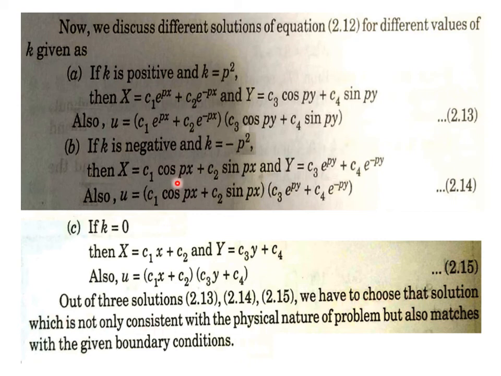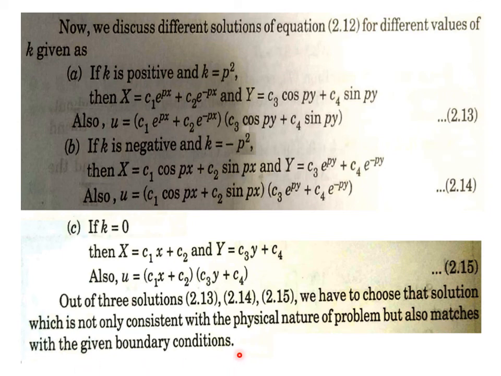We have to choose that solution out of the three which is not only consistent with the physical nature of the problem, which depends upon which problem is there, but also, and most importantly, matches the given boundary conditions.